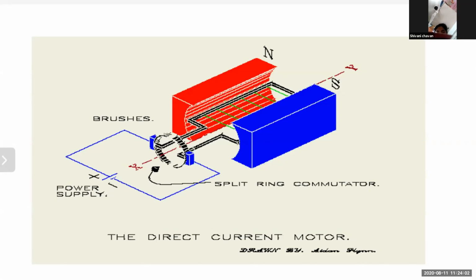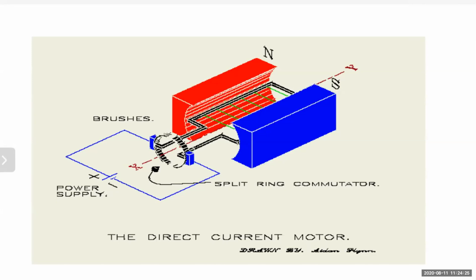And this is in rectangular shape. So the coil has a large number of turns of insulated copper wire.